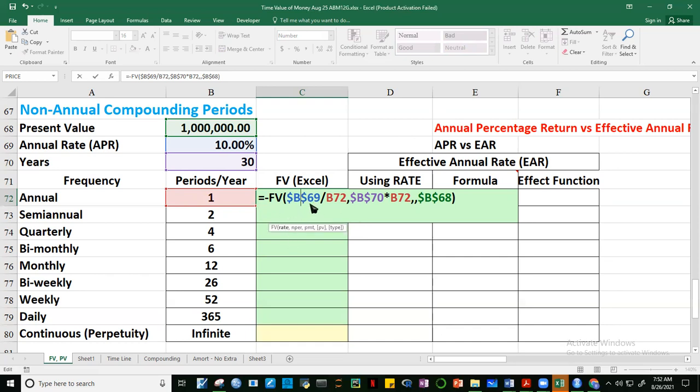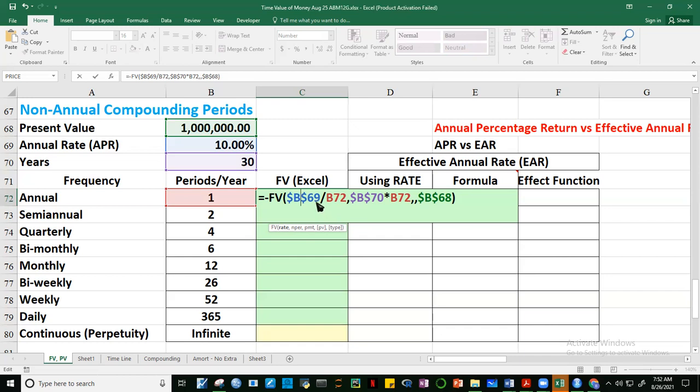So first the rate, Robert, could you kindly explain please your answer? Yes. So I use the dollar function po para pag nakopy siya sa baba po, hindi siya umusad. So let's start with the rate. Ano yung rate na ginamit natin dito?